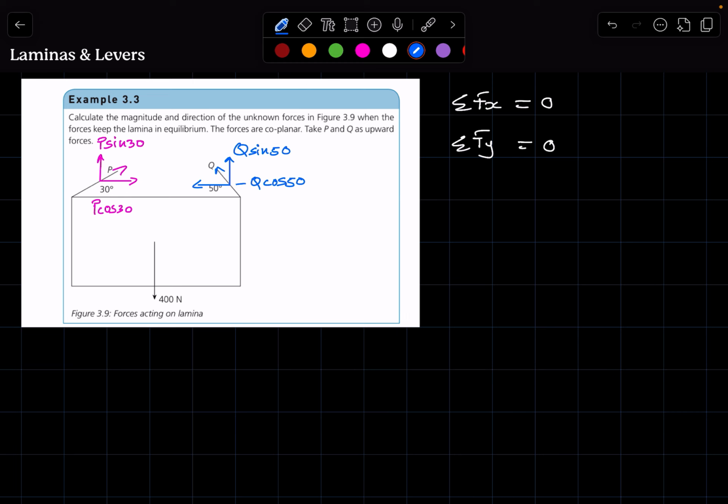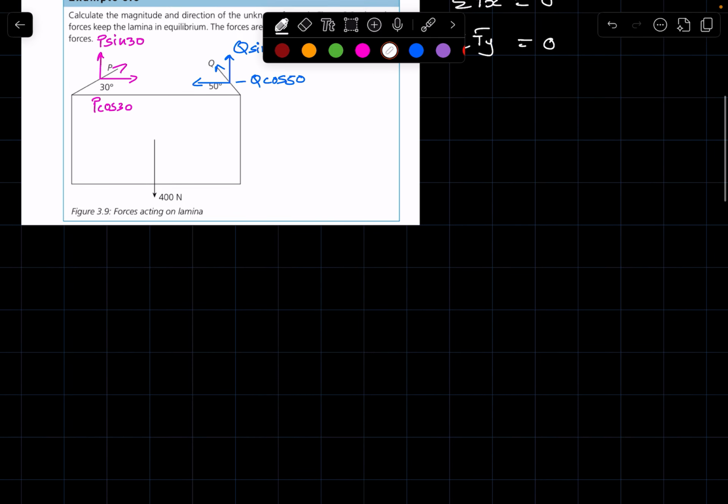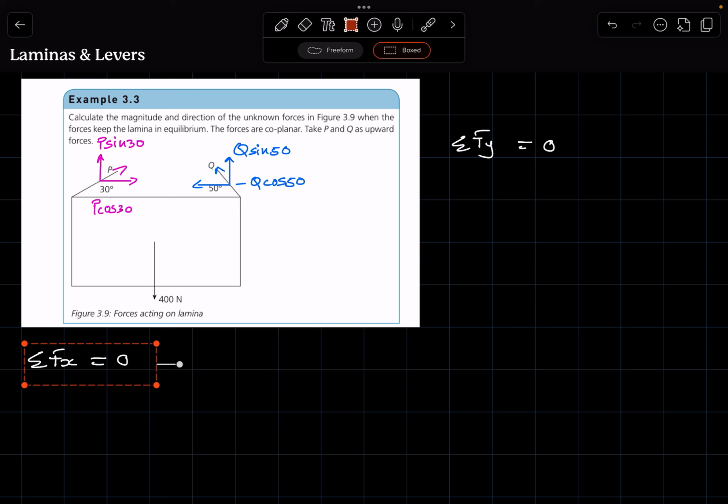So seeing that we've resolved our oblique forces into components, now we have forces that are parallel with the x-axis and the y-axis, hence we'll be able to apply conditions of equilibrium. All right, first looking at the sum of forces in the x direction.